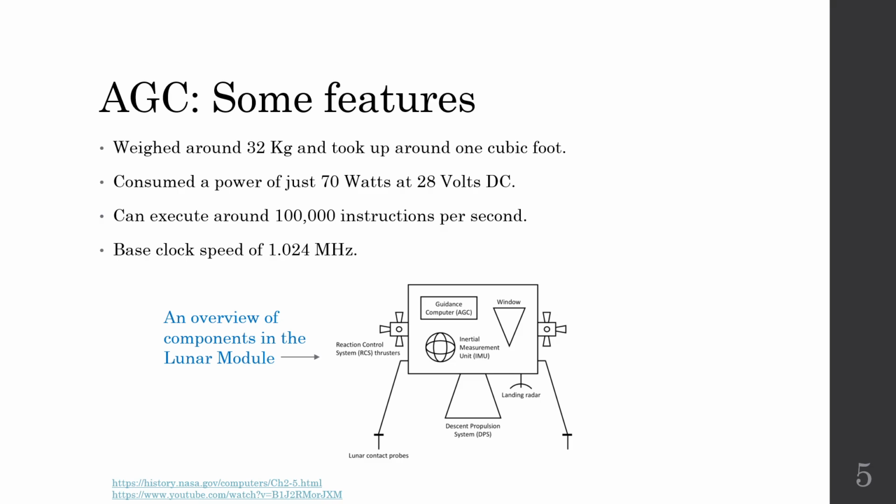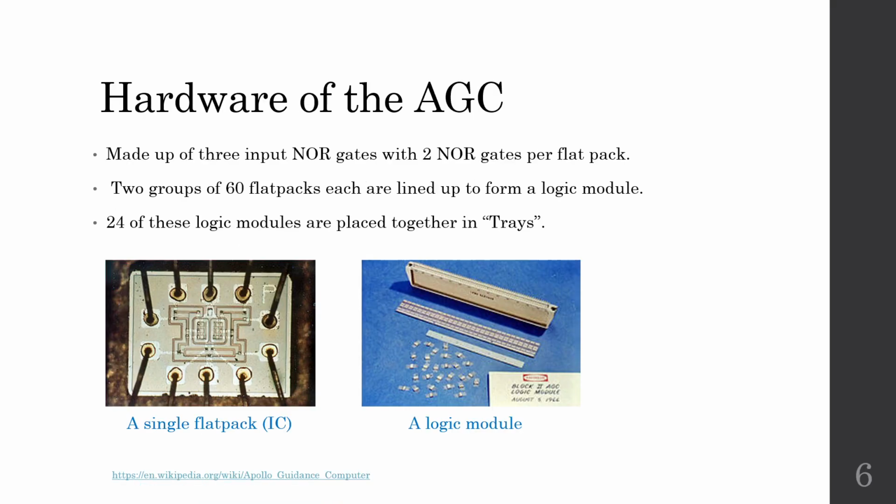The Apollo Guidance Computer is the brain of the lunar module. It takes in inputs from all these input devices like the IMU, and then it provides the required output using the output devices like the display, the thrusters, etc.